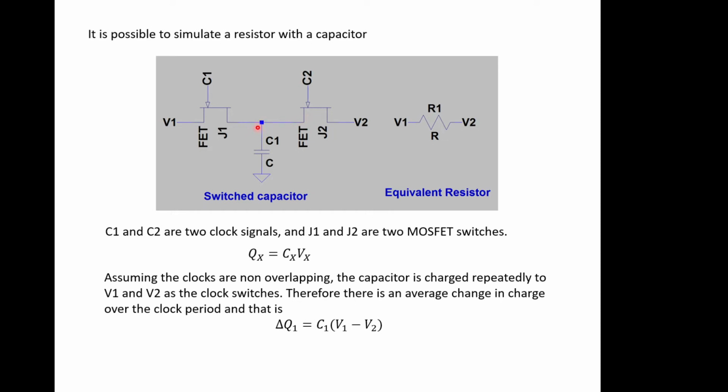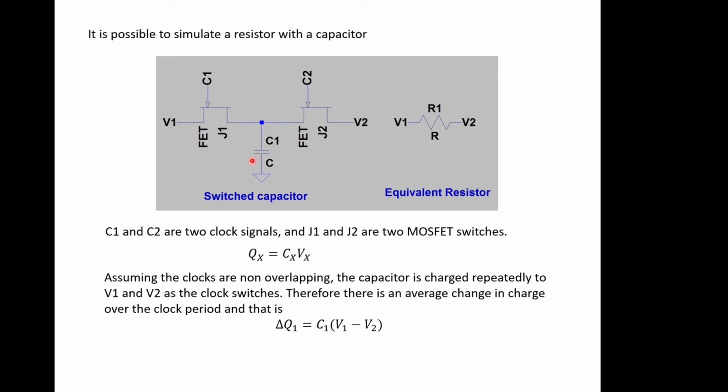And we're saying that this system, and these switches are being switched on and off, can be the equivalent of this, which is a resistor. So effectively anywhere you see a resistor on a circuit, you can replace it with this in some shape or form. So we're emulating a resistor with a capacitor and a couple of switches.